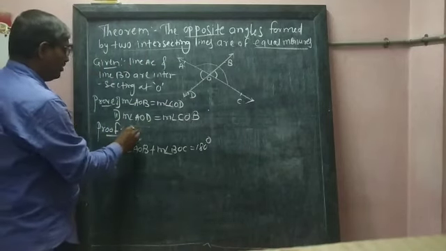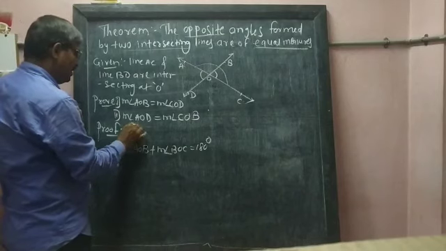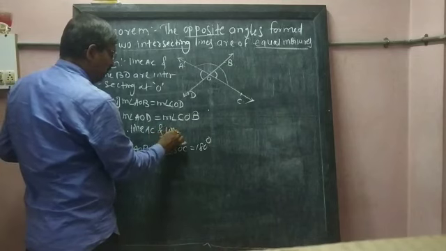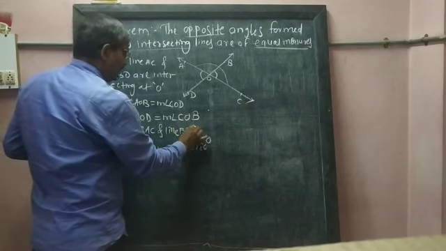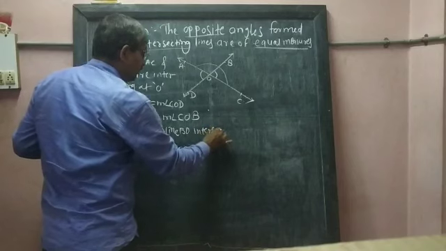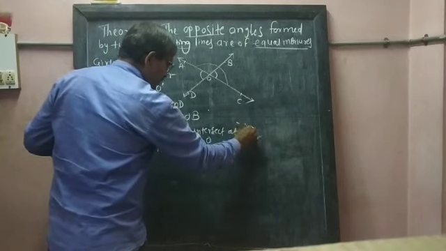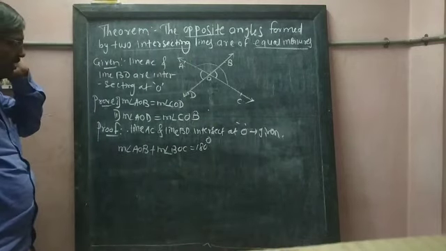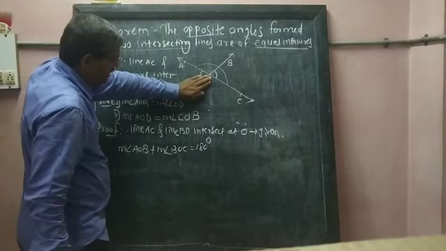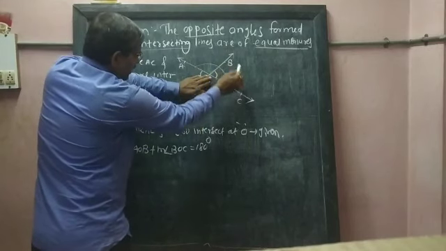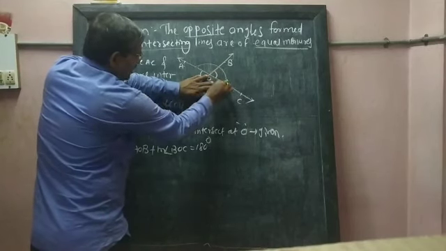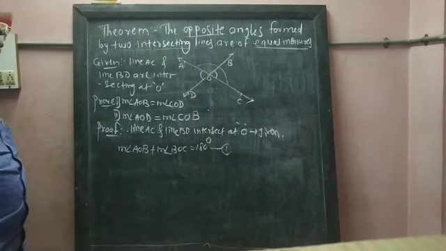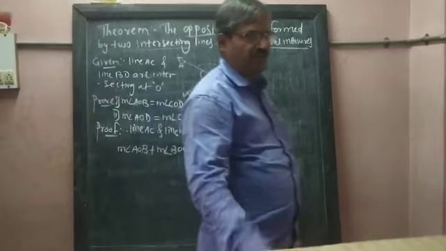Here first you write that line AC and line BD intersect at O. Reason: given. Now, angle AOB and angle COB are angles in linear pair. This is number 1, and the sum of measures of angles in linear pair is 180 degrees.